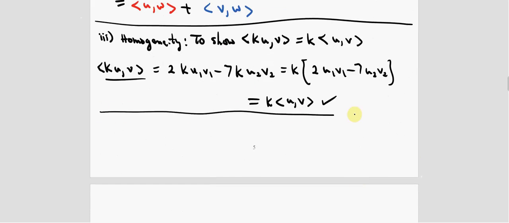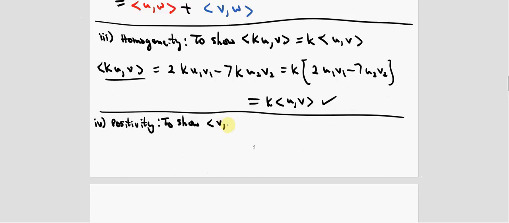And then lastly, see if I have a little space for positivity. Here to show that the inner product of, let's call it u or v, doesn't matter, but it has to be the same one.